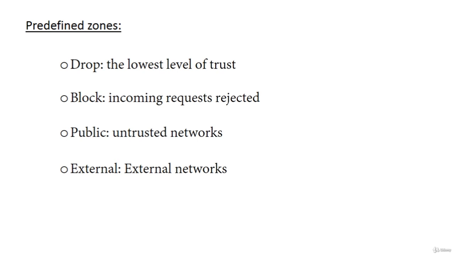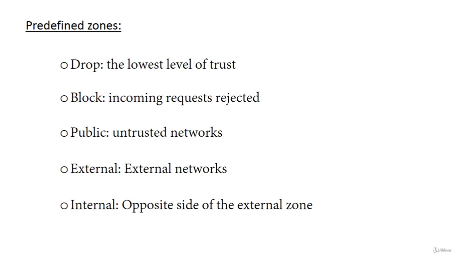The next one is external. Just like the name suggests, it is for external networks in the event that you're using the firewall as your gateway. It is configured for network address translation, or NAT masquerading, so your internal network remains private but reachable. The next one is internal, the other side of the external zone. So it's the opposite of external, used for the internal portion of a gateway.